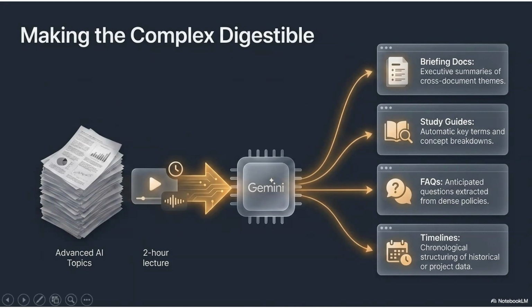Complex documents can be converted into briefing documents. We can convert lengthy documents into study guides. Students can prepare for exams and take out the frequently asked questions from the documents, and it also helps in developing the chronological structuring of historical or project data.